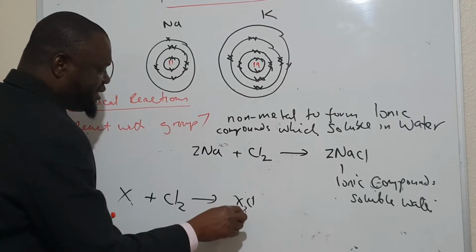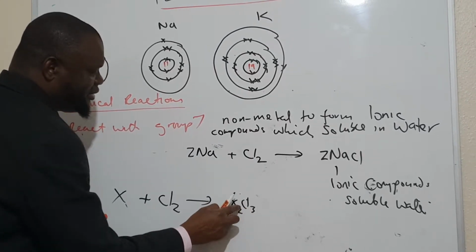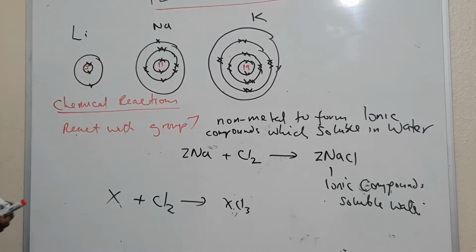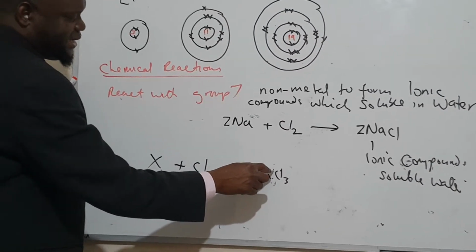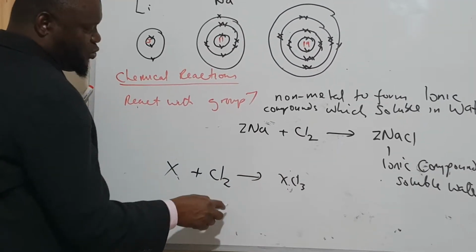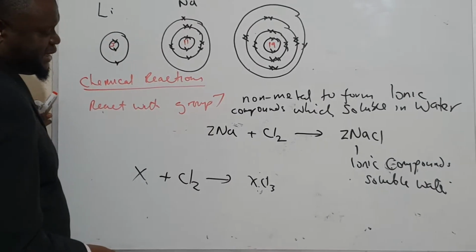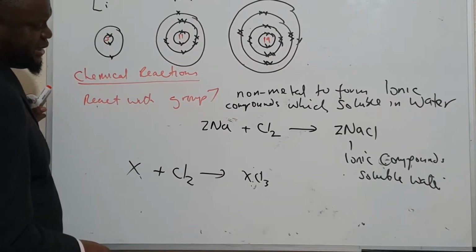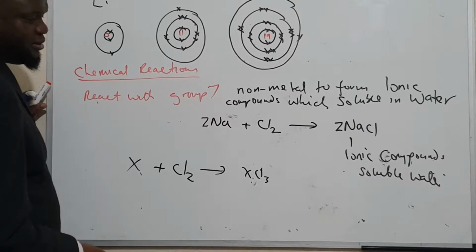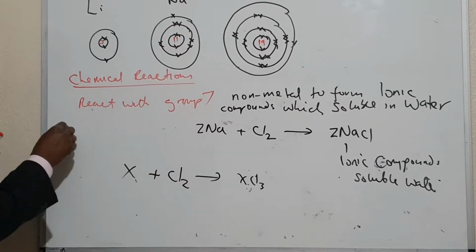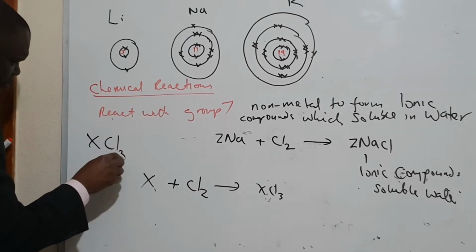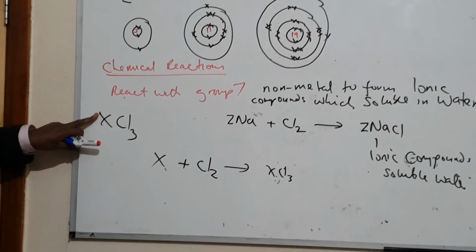Probably going to be XCl3. Meaning, I put 3 here. Look at the compound, XCl3. What will be the ion of X?